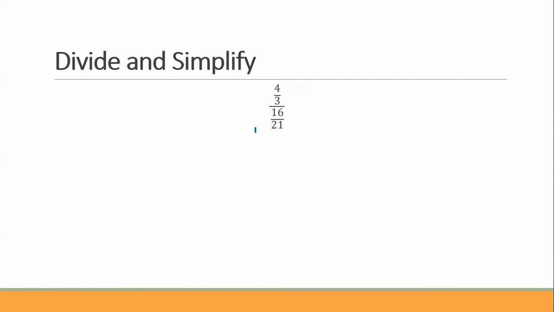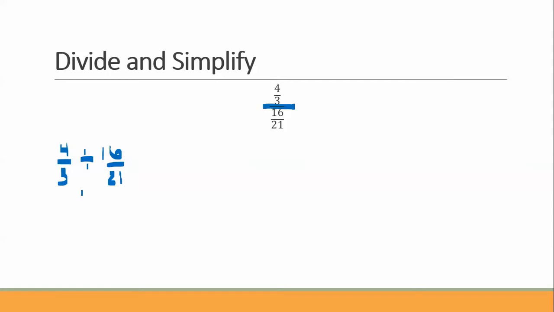This is called a complex fraction because it's a fraction over a fraction. But remember, fractions mean division. So we're going to take this long division sign here and write 4/3 divided by the denominator, so 16 over 21.